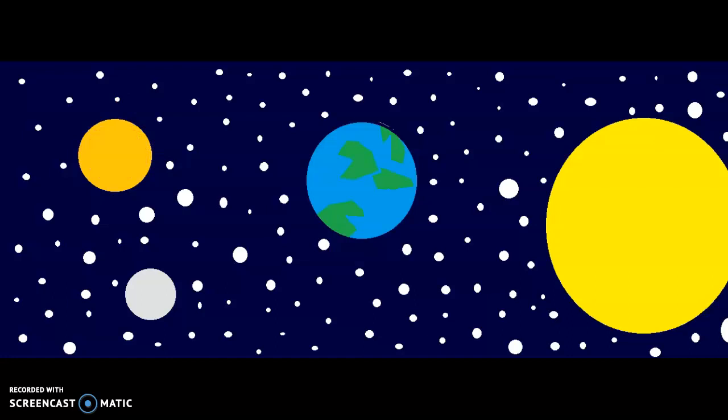Oops, that's not good. Let's make an oval kind of one. Yeah, that's good. You can make even more if you have drawn it a little bigger. So I'm making two of these. And here is my Mars ready.